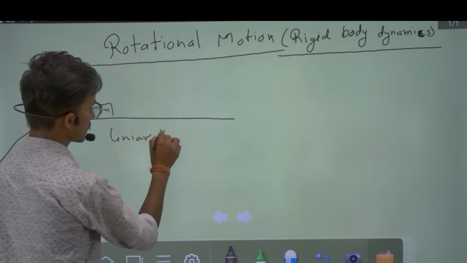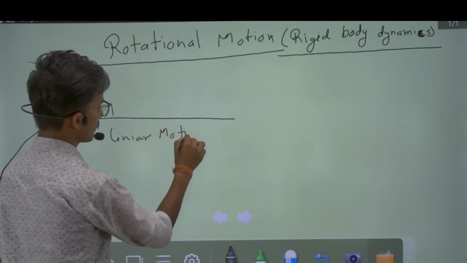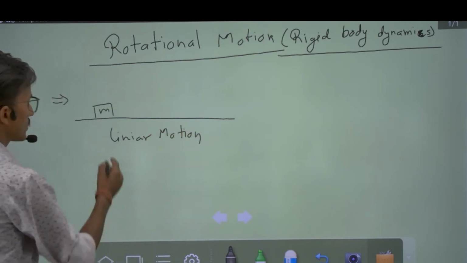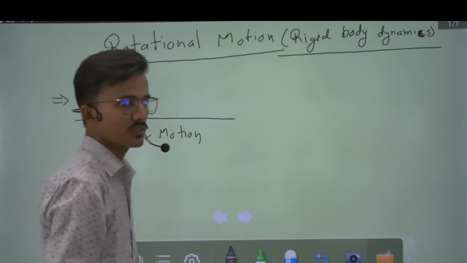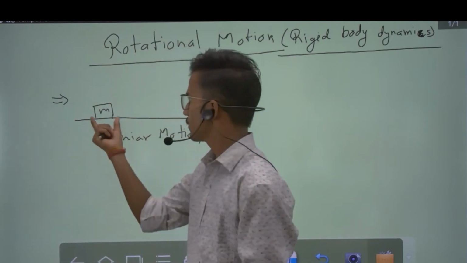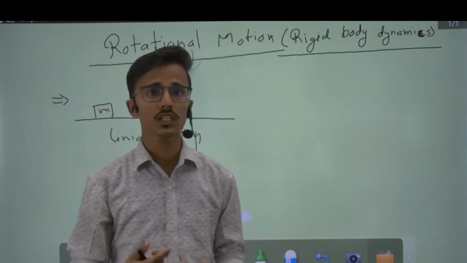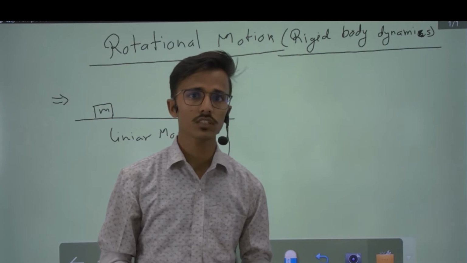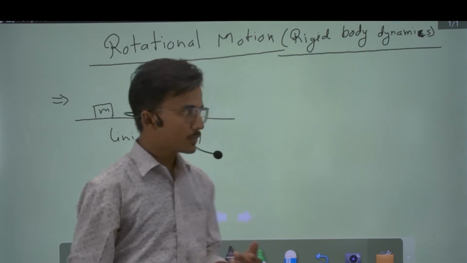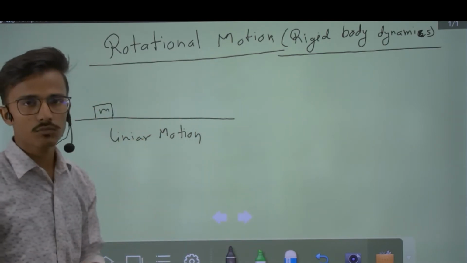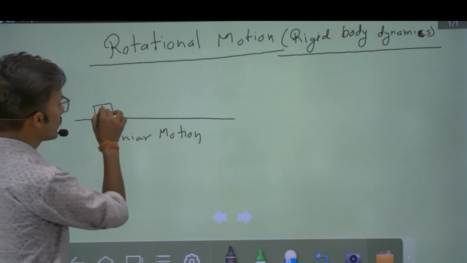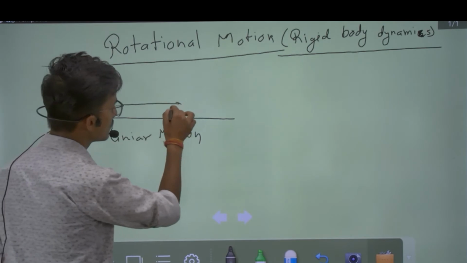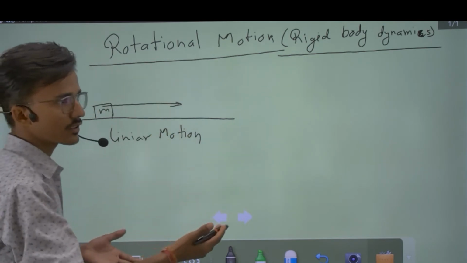In this motion, every point of this mass m is moving with a constant velocity, and if it's accelerating, then constant acceleration will be there, because the whole body is covering the same distance.